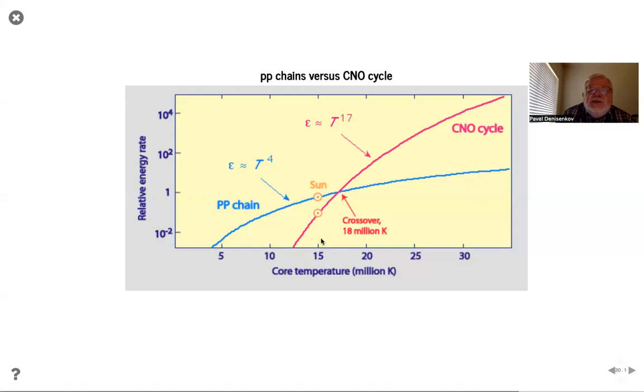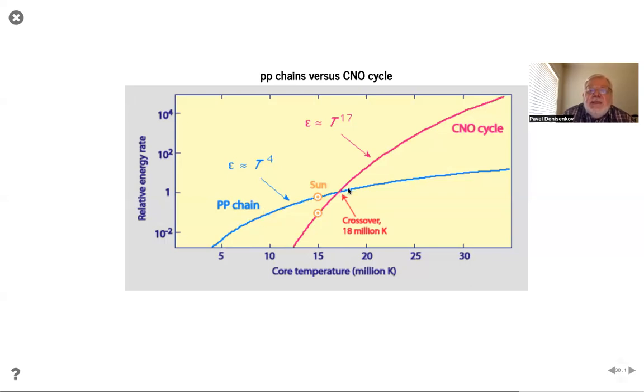As you can see, at this temperature the energy production in pp chains dominates over the CNO cycle. Therefore, in the Sun and solar type stars, as well as in main sequence stars with mass smaller than the solar mass, hydrogen burning occurs predominantly via pp chains.